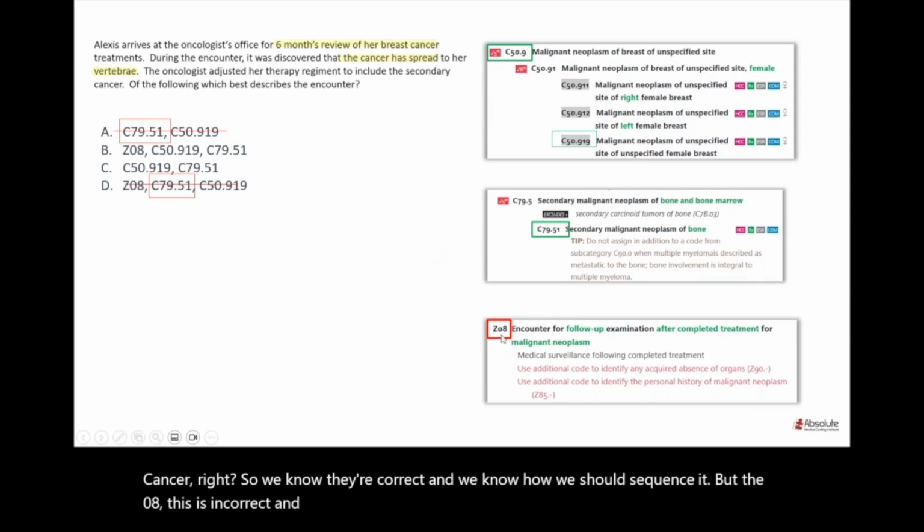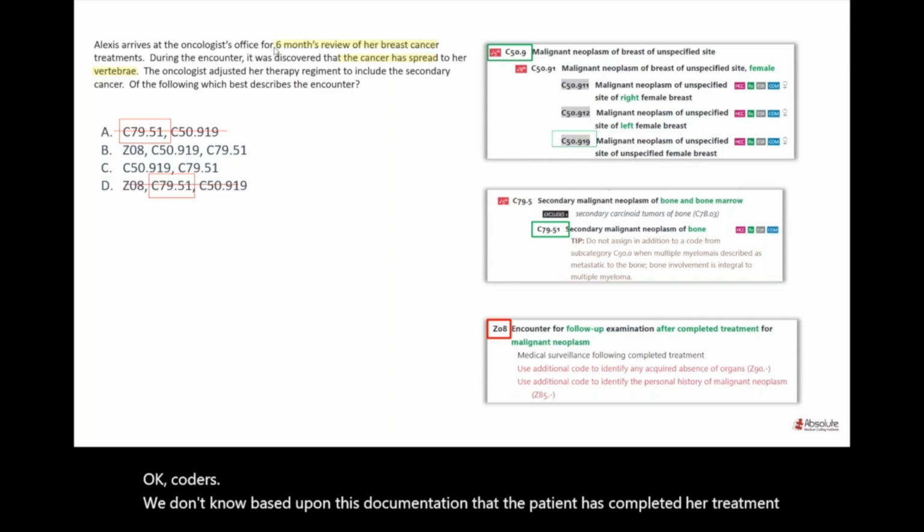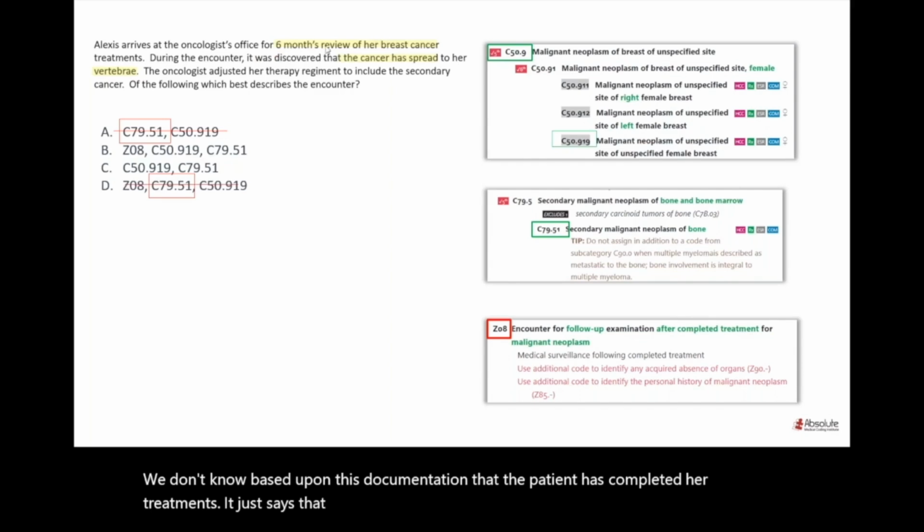Correct, and here's why. Because this code is to be used for follow-up examination after completed treatments for malignant neoplasms. Okay, coders. We don't know, based upon this documentation, that the patient has completed her treatments. It just says that this is a 6-month review of her breast cancer treatments. They're reviewing it.